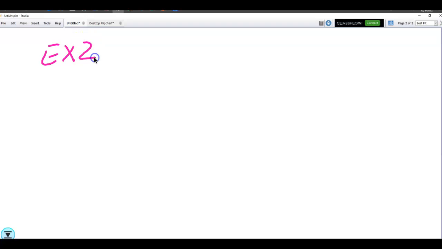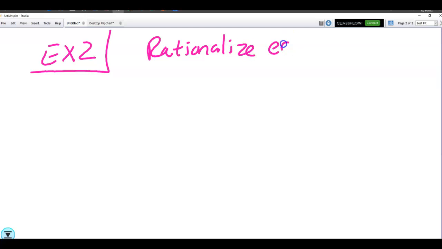Example 2. Rationalize each expression. Which means we don't want those square roots on the bottom. I'm going to do 3 examples with you.